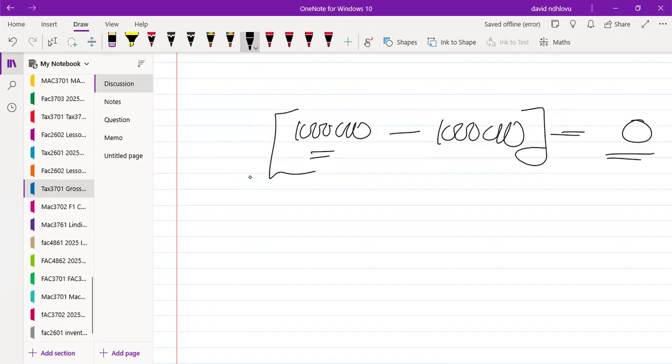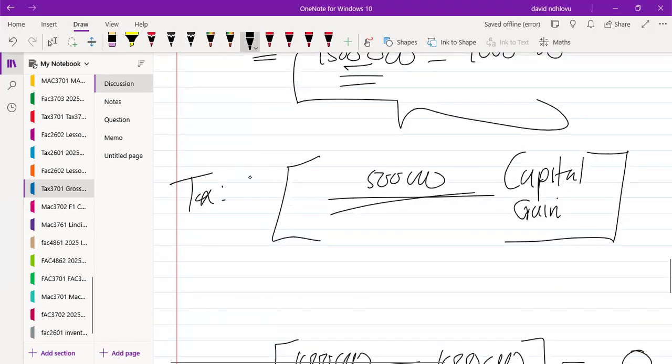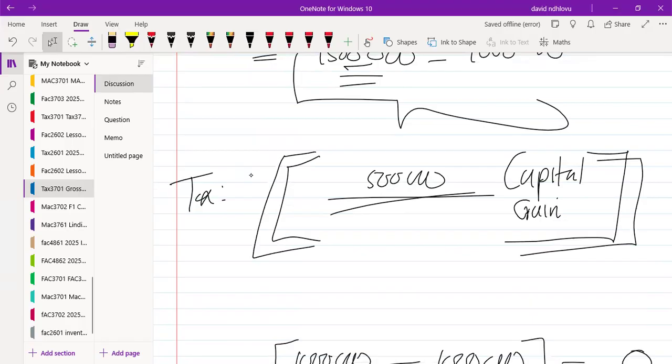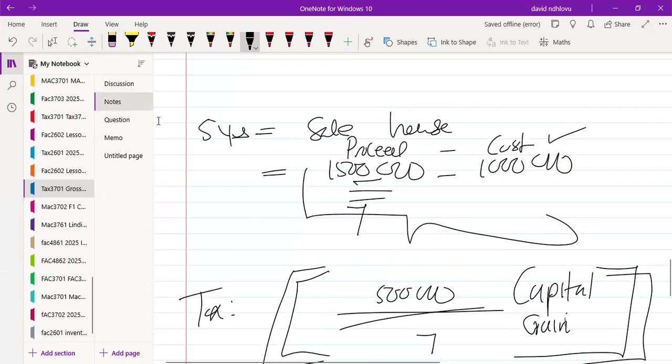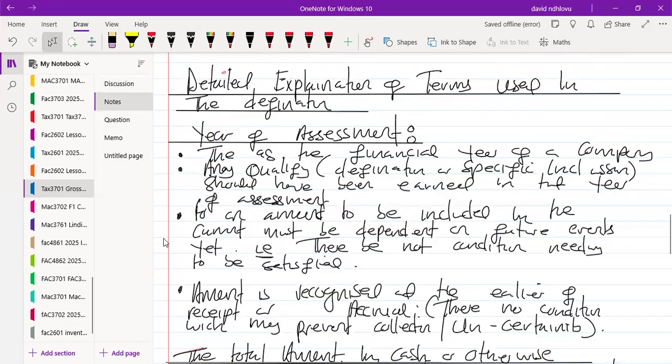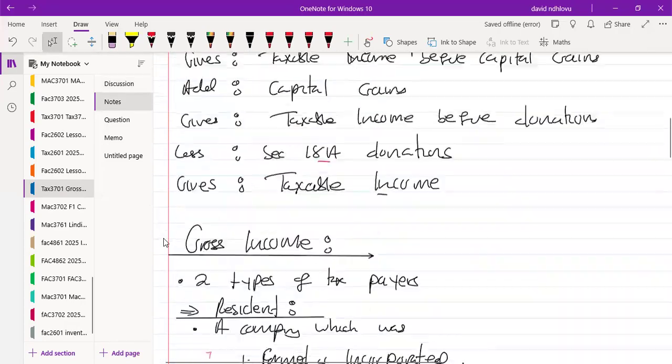If you have an extra amount, which is the capital gains, this amount will not be included initially as part of gross income. You don't include it in gross income. So the whole amount here does not go to gross income. But SARS will catch you here because in your calculation of taxable income, there is a room for that figure there.